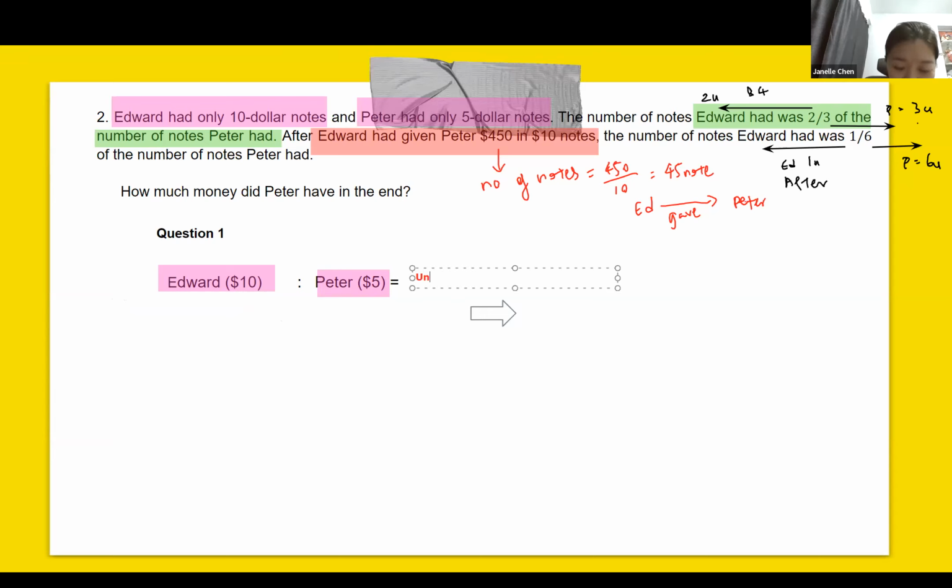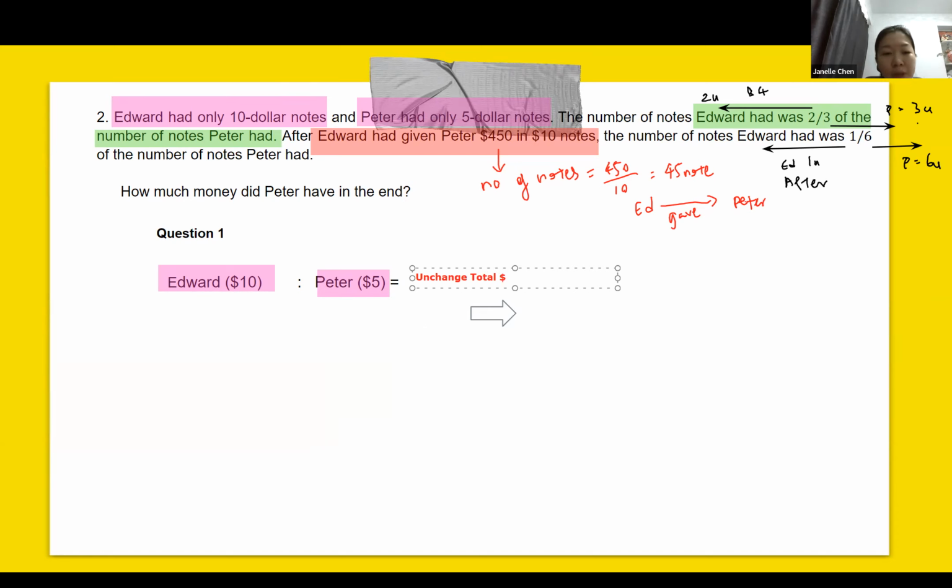I wanted to note here that it's an unchanged total. What is the meaning of unchanged total? If you see here, it's a transfer of money from Edward to Peter. So the total amount of money that both of them have never changes.